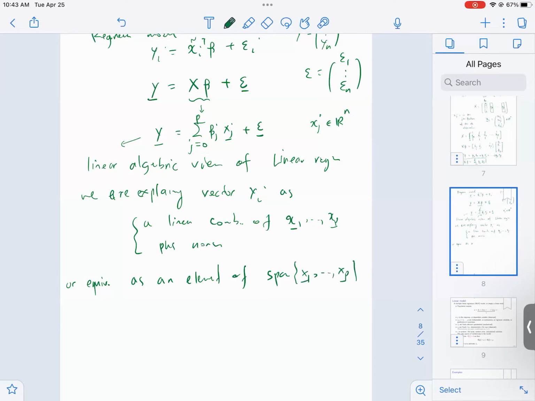Remember, this is a general element in the span, or equivalently an element of the image of x.